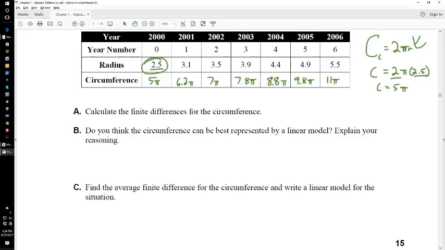Well, you notice the pi in this case really doesn't matter, because we're not adding pi's at all. Oh yeah, we are. We are adding pi's.